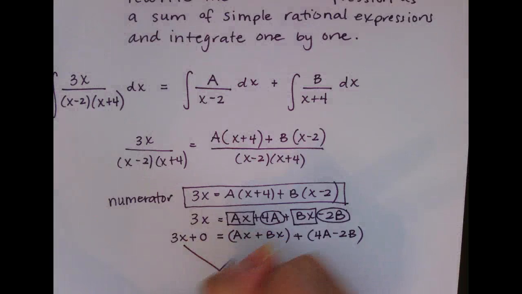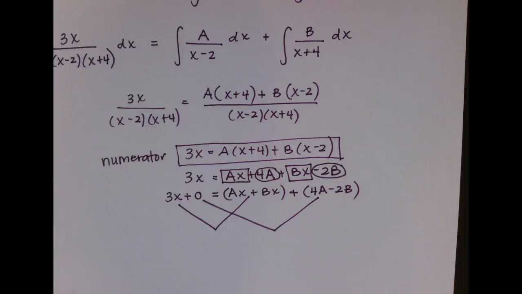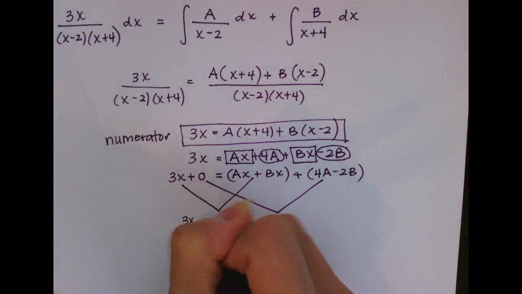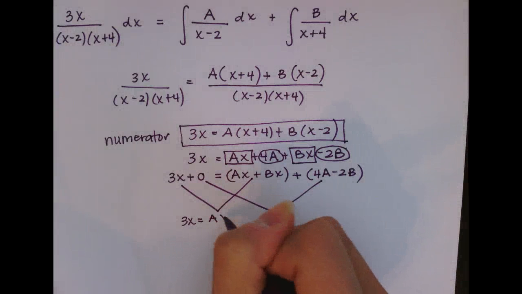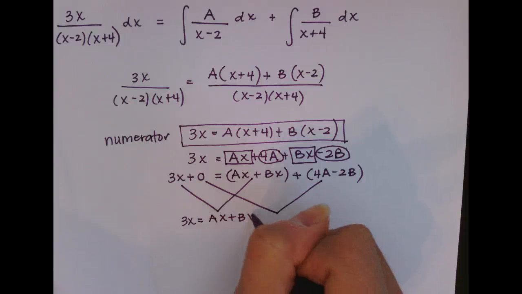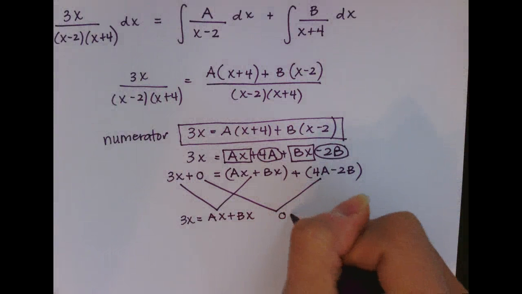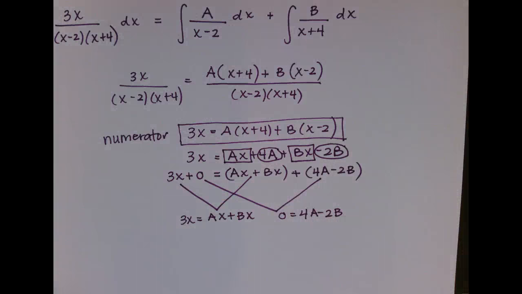So the idea here is that I'm going to be writing two equations, one for my linear term and one for my constant term. My linear term says that 3x should equal Ax plus Bx, and then 0 should equal 4A minus 2B.